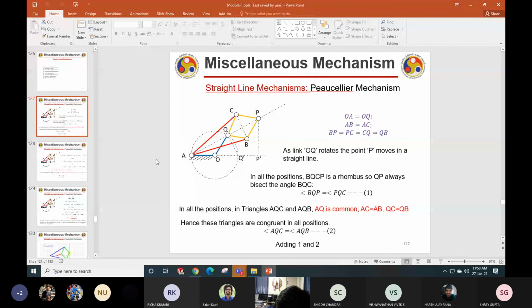Sir, in the assignment, we are asked to write the name of the planar mechanism. So, will it be like this one, peculiar? I have seen the straight line mechanisms in the cycle one. There are so many straight line mechanisms.